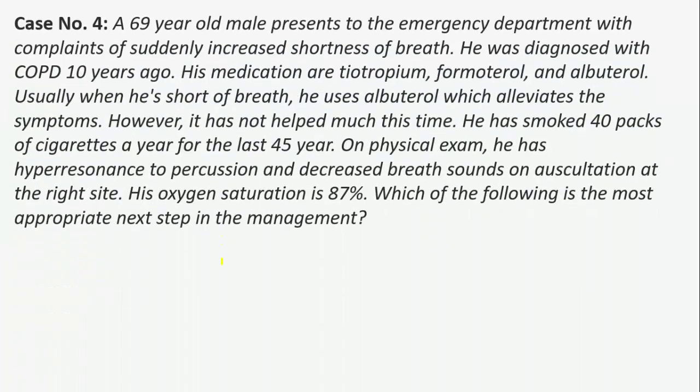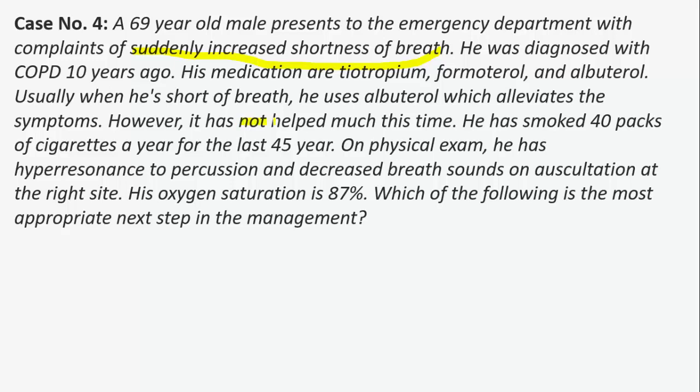Case number 4: a 69-year-old male presents to the emergency department with complaints of suddenly increased shortness of breath. He was diagnosed with COPD 10 years ago. His medications are tiotropium, formoterol, and albuterol. Usually, when he is short of breath, he uses albuterol, which alleviates the symptoms.